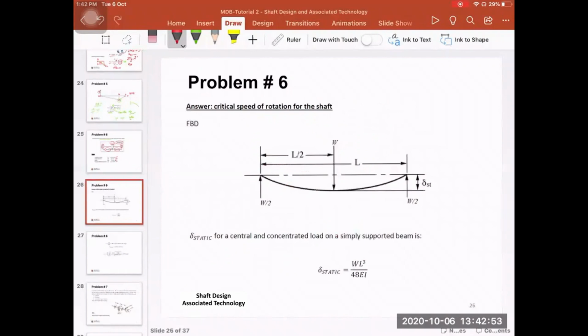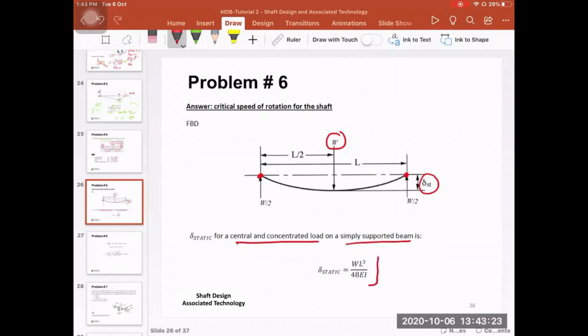So the first case says that if you have a single mass in the middle, then you have 2 bearings here, and the maximum deflection, or the maximum value of delta static, is going to be in the middle. Based on this configuration, you have a central or concentrated load in the middle of a simply supported beam.